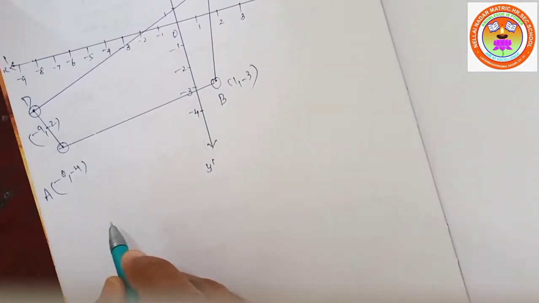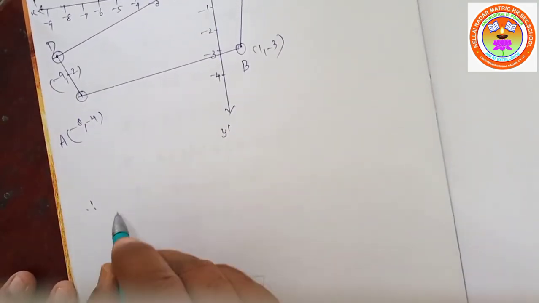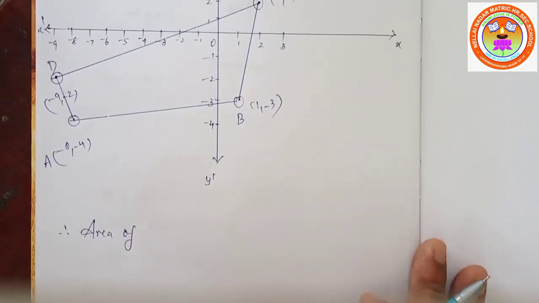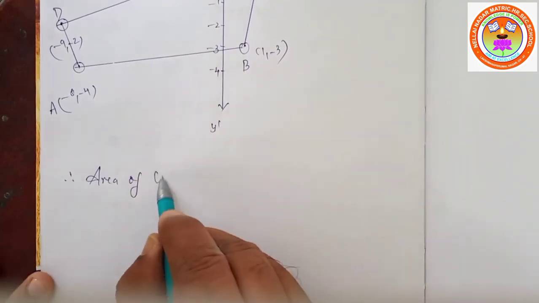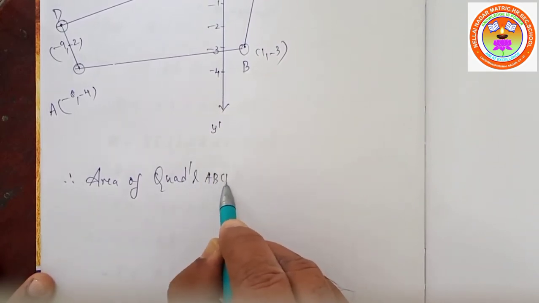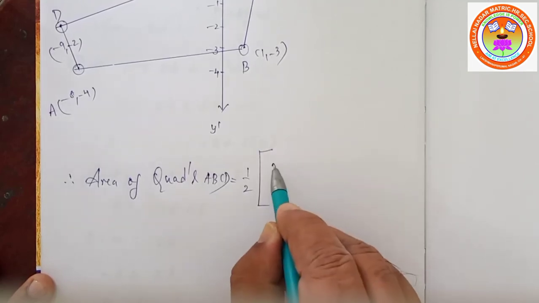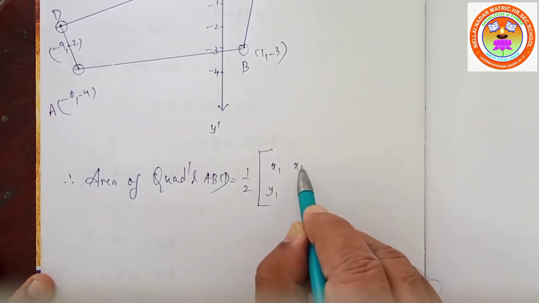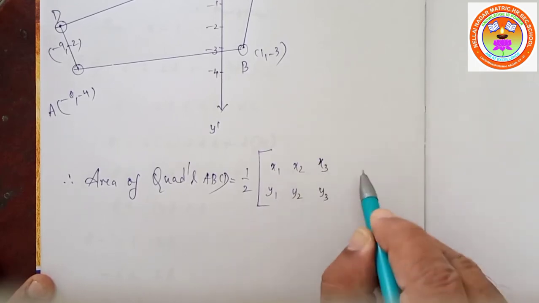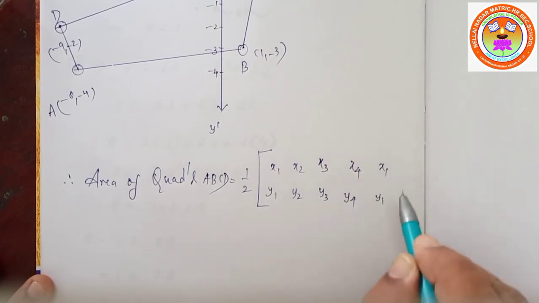Therefore, area of quadrilateral ABCD equals half, x1 y1, x2 y2, x3 y3, x4 y4, again x1 y1.